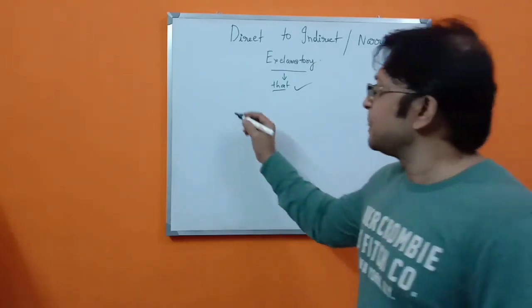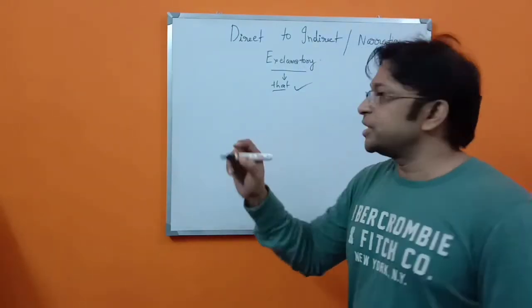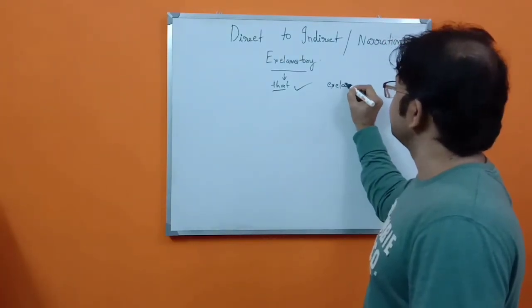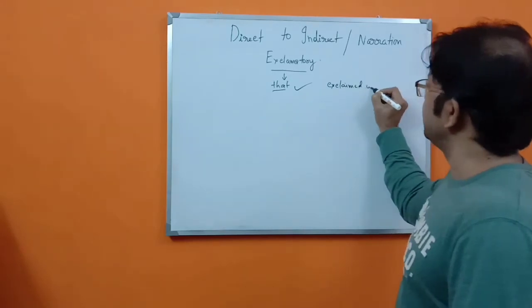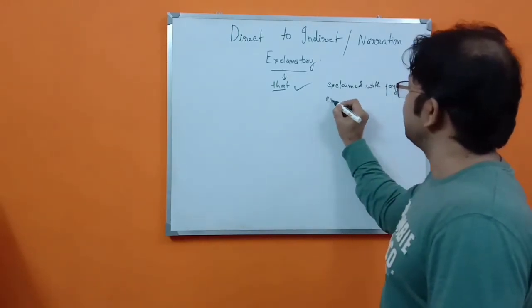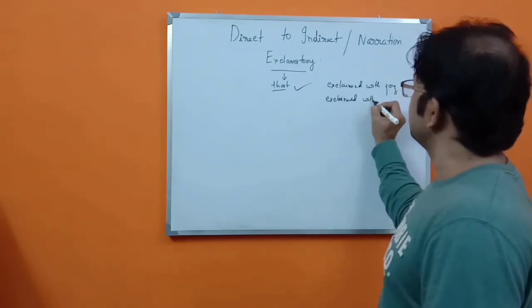For example, one more thing: the principal verb will change into "exclaimed with joy" or "exclaimed with sorrow".